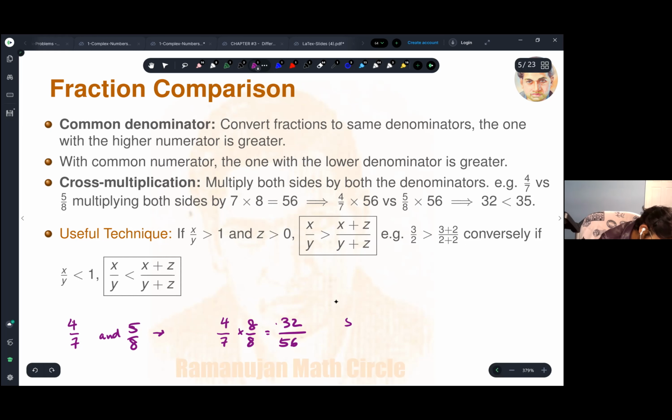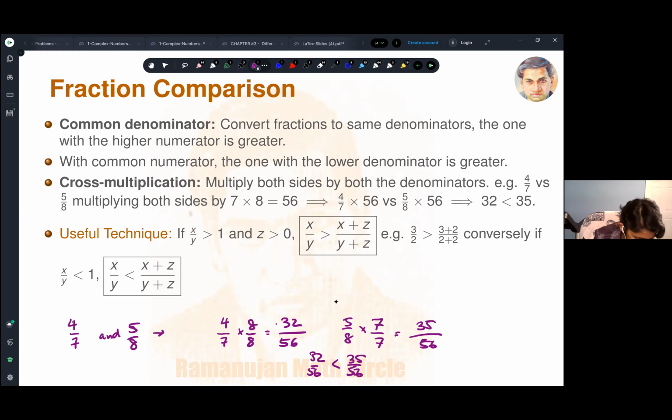Then you would multiply 5/8 by 7 over 7, which is equal to 35 over 56. Obviously, 35 over 56 is greater than 32 over 56 because you're taking more parts of the whole. You're taking 35 parts of the whole. And so that means 4/7 is less than 5/8.